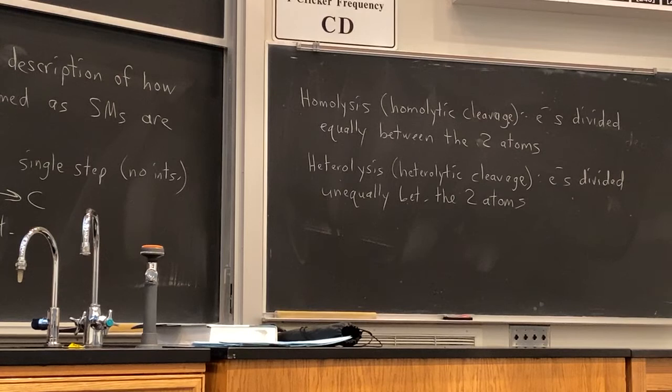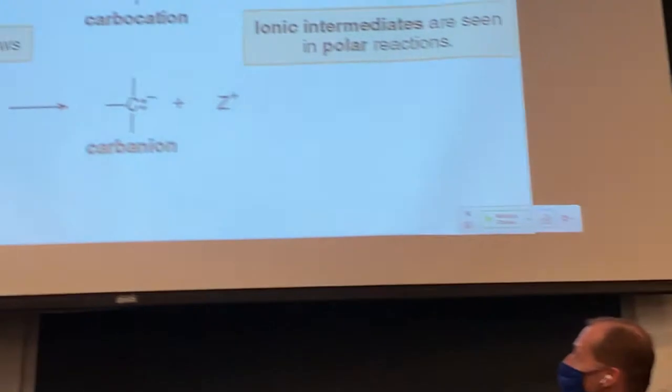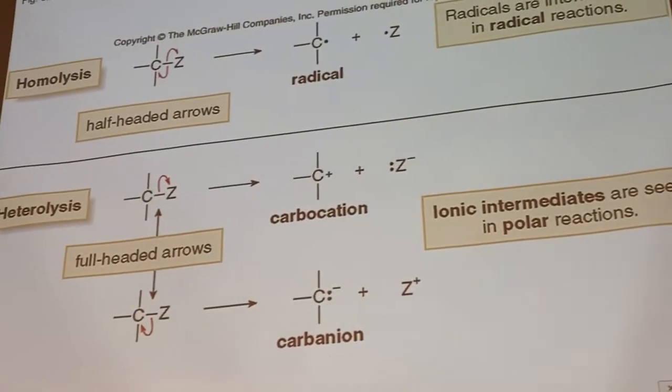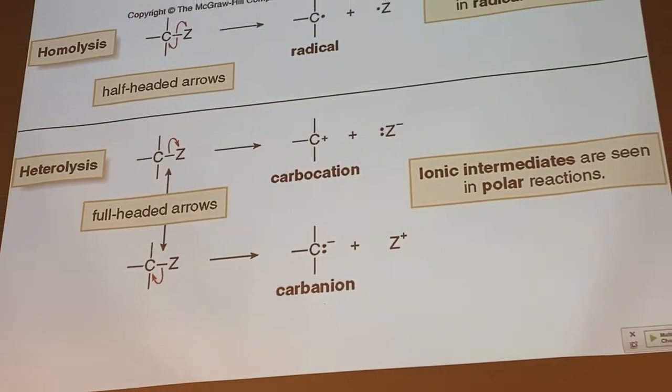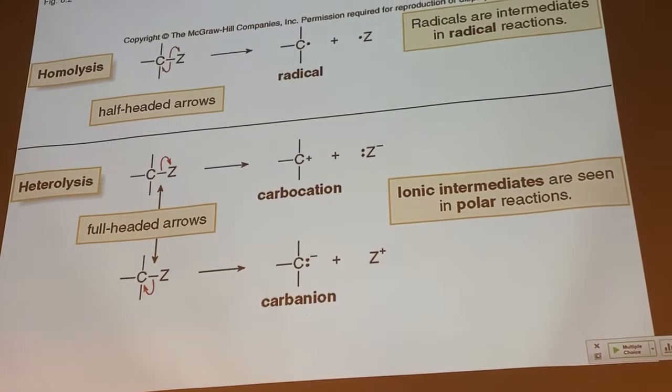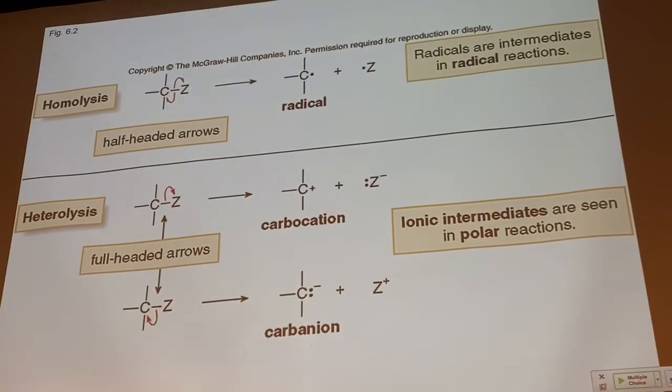On the screen here, you can see how we can draw homolysis and heterolysis. We'll look at the heterolysis first. We've already learned that a curved arrow shows the movement of a pair of electrons. In this case, Z is more electronegative than carbon, and so as that bond is cleaved heterolytically, both electrons are going to Z. That gives us an anion, and then it gives us an intermediate with a positive charge on carbon.